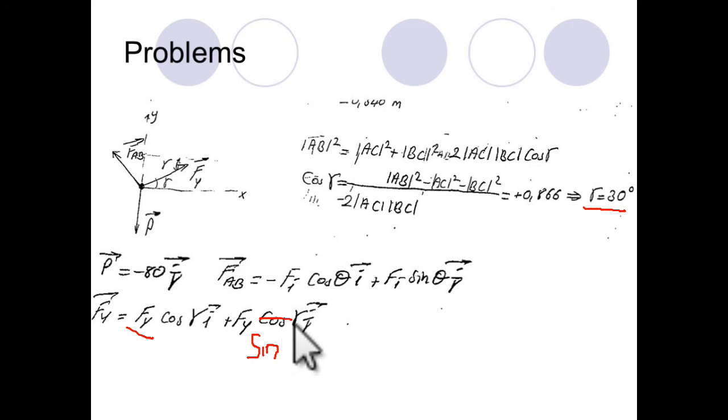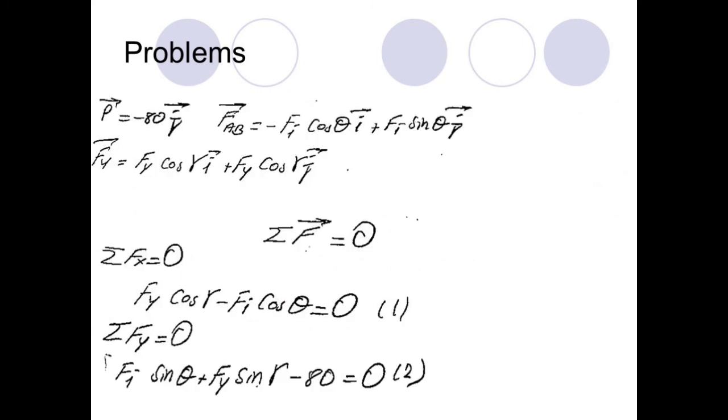So it has to be sine gamma. Again, it is the same here. It has to be sine gamma. So the sum of the forces in x and in y direction has to be equal to 0.